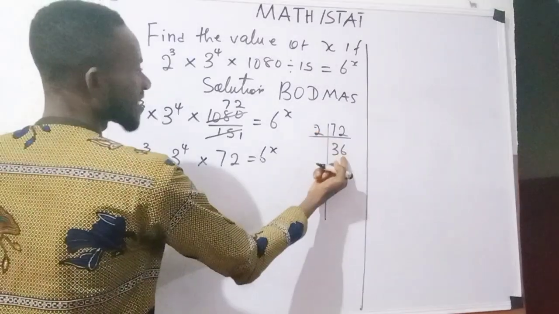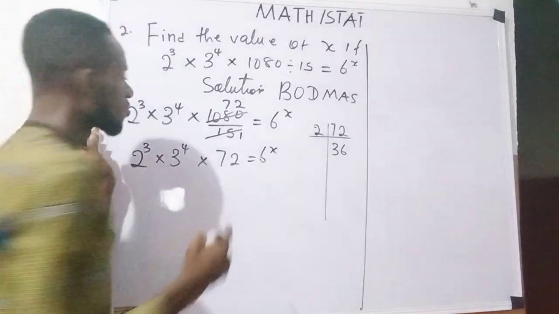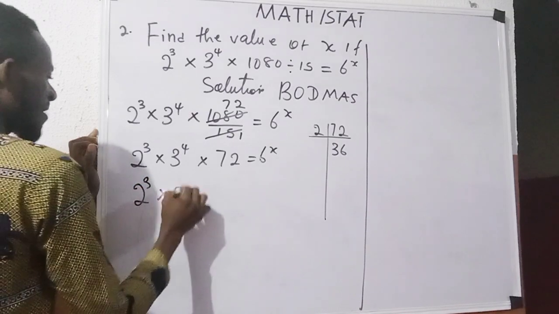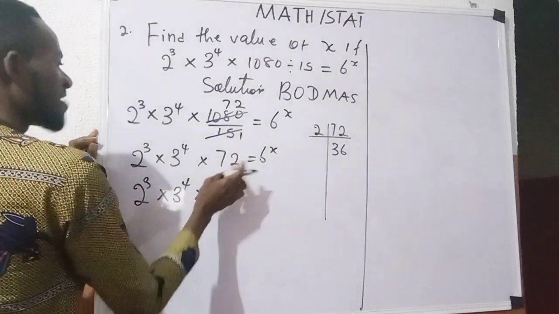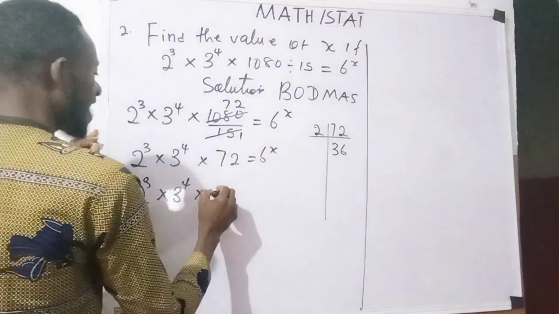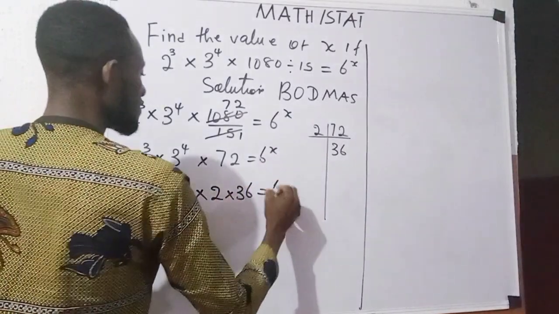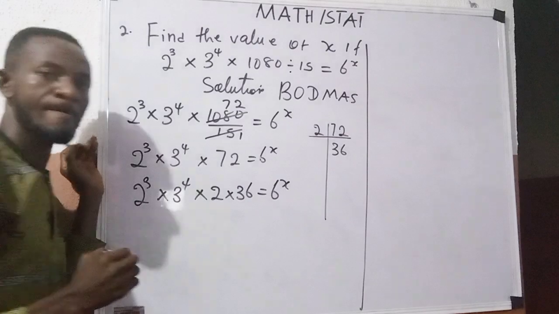Which means 2 times 36 is 72. So I can come here comfortably and say 2 raised to power 3 multiplied by 3 raised to power 4 multiplied by, in place of this 72, 2 times 36. This is equal to 6 raised to power x.